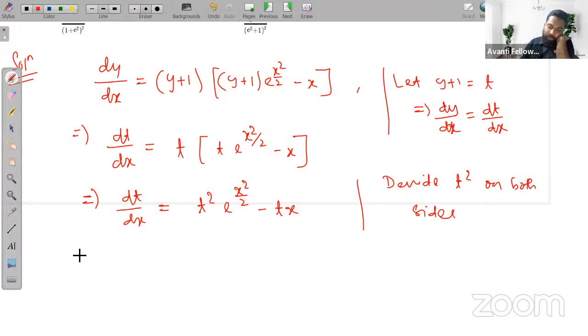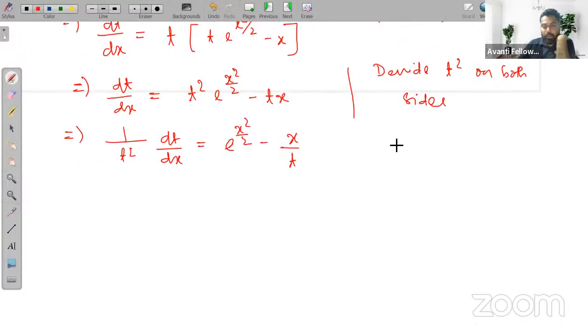So what will we get? We get 1 by t square dt upon dx is equal to e raised to x square by 2 minus x upon t.